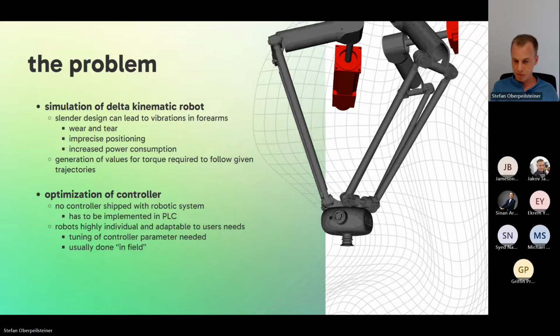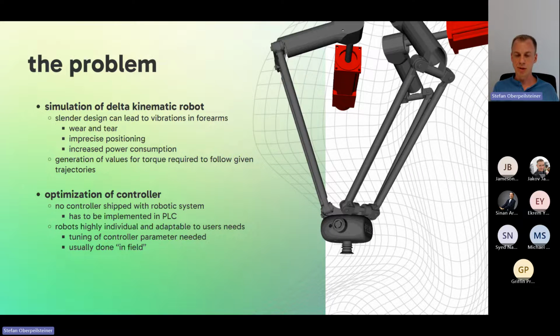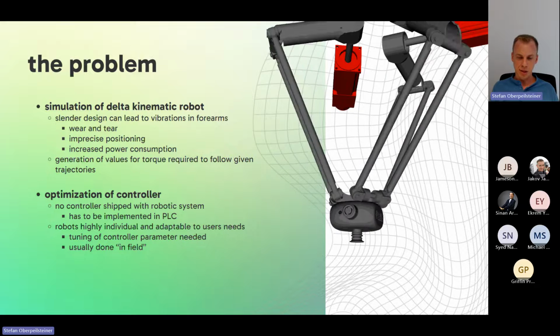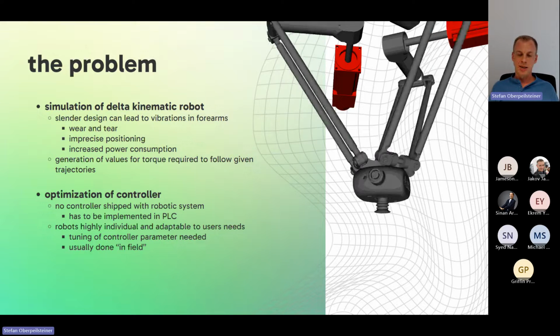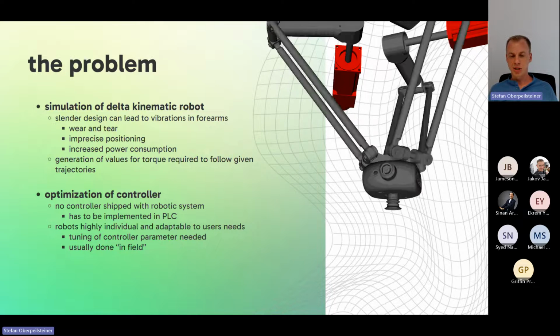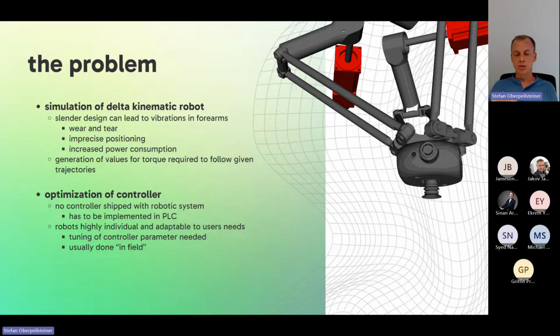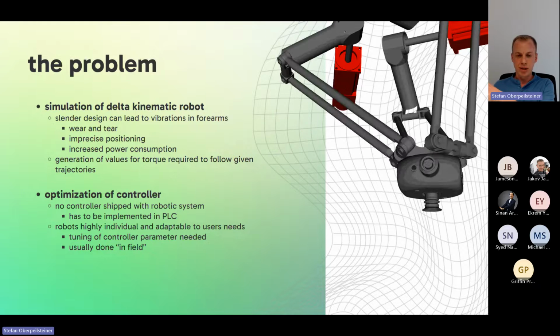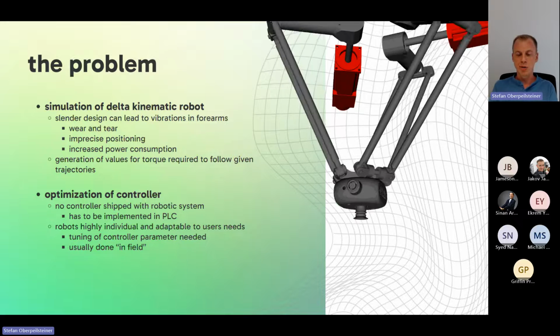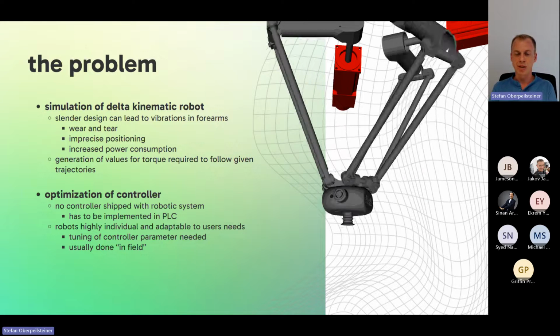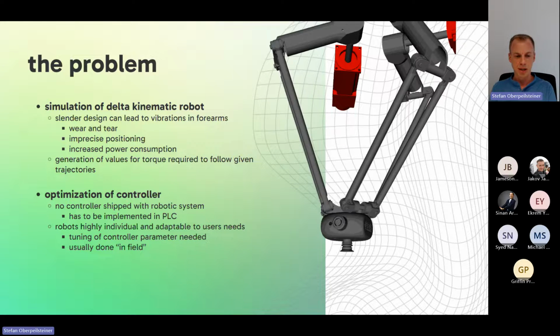So the standard PID control parameters are not shipped with it. That means you have to select or adjust them. And with a simulation, you can do this prior to going into the field or when you are commissioning the system. So you can already do this setting of parameters on the computer with the simulation model.